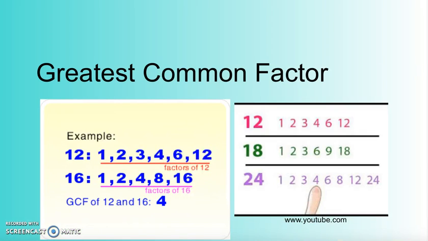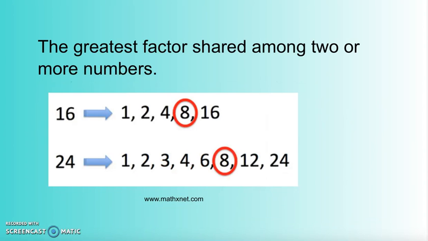We also looked at greatest common factor. What definition would you give greatest common factor? Exactly, we are finding the greatest factor shared among two or more numbers. So here are the factors of 16. 1 times 16 is 16, 2 times 8, and then 4 times itself is 16.